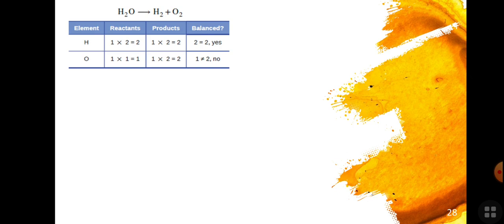We have a column for element, a column for reactant, products, and whether it is balanced or not. For hydrogen, we see that the number of hydrogen is the same: we have 2 in the reactant and product side. On the other hand, for oxygen, we only have 1 oxygen in the reactant side, but we have 2 oxygen in the product side. So it is not equal.